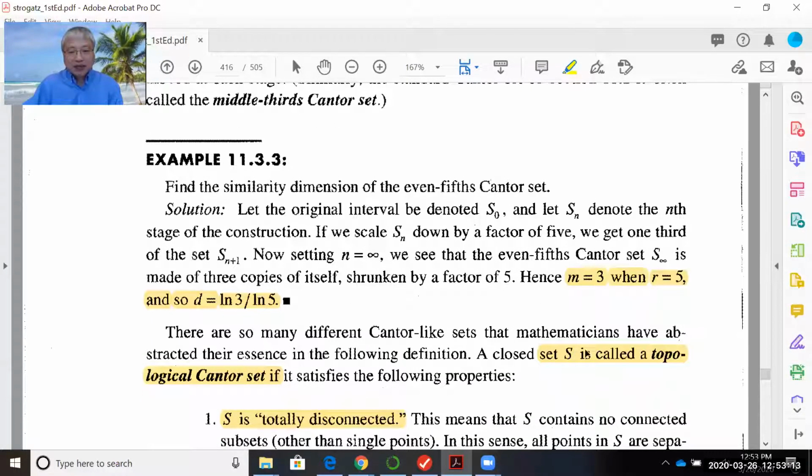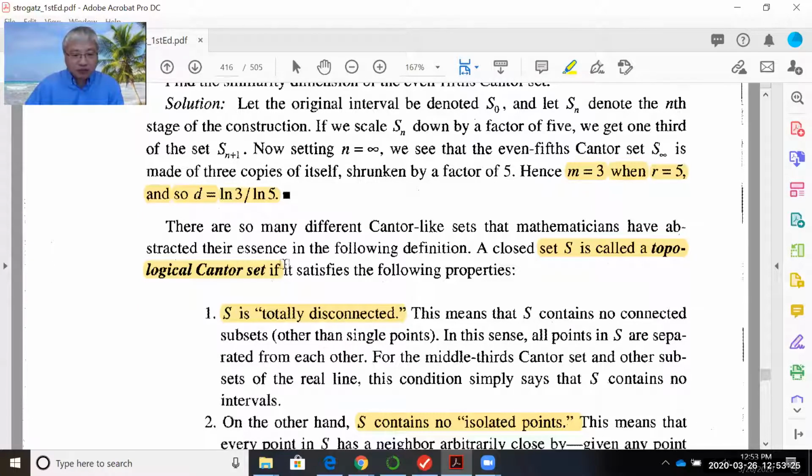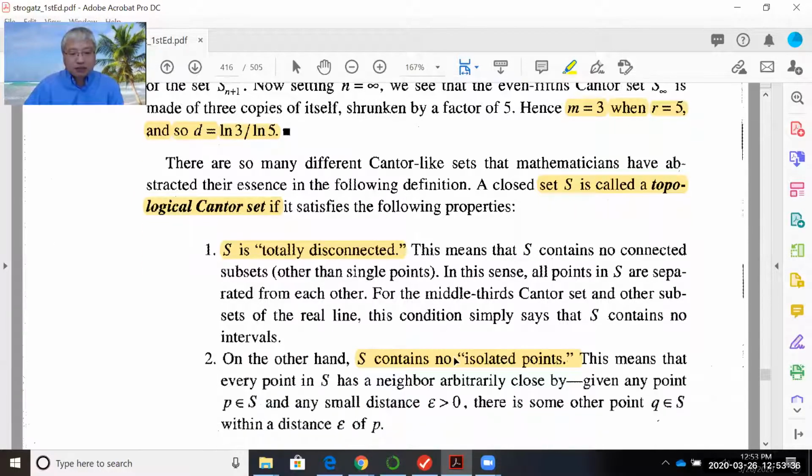And so the set S is called a topological Cantor set. S is totally disconnected, just like the Cantor set itself. When we iterate this to infinity, remember the set is defined not at a certain stage, the set is defined by the limit to infinity. So it's totally disconnected, and it contains no isolated point.